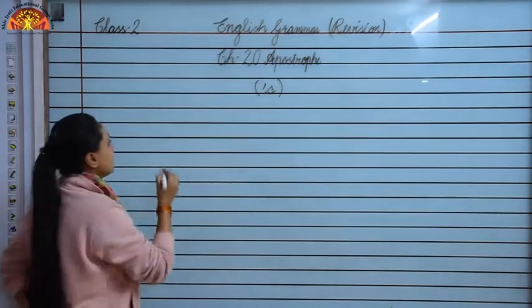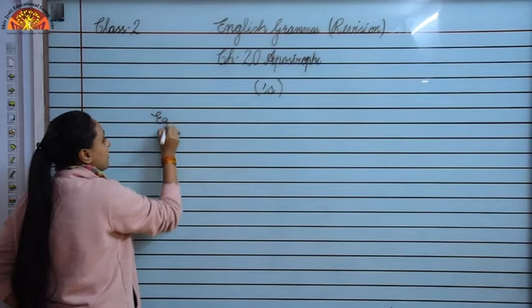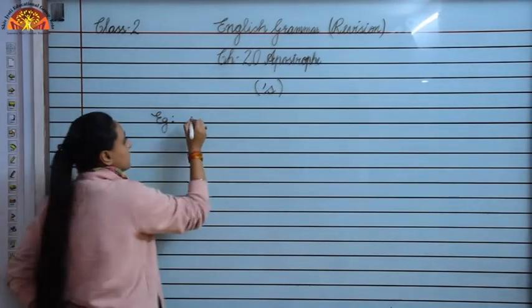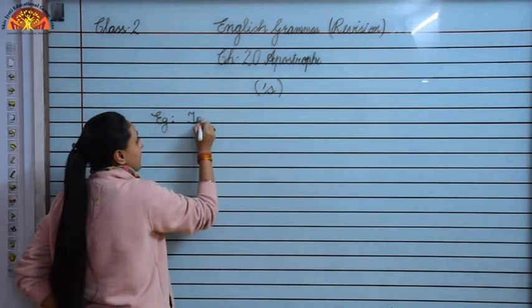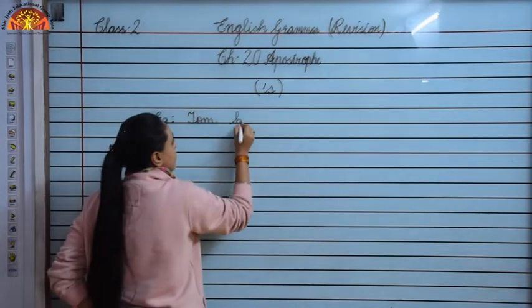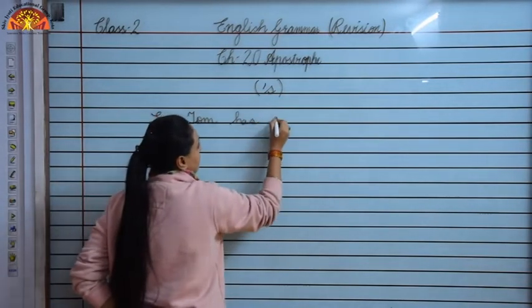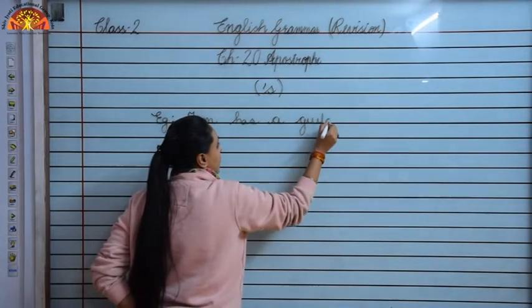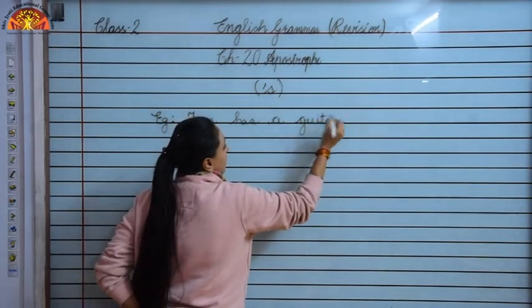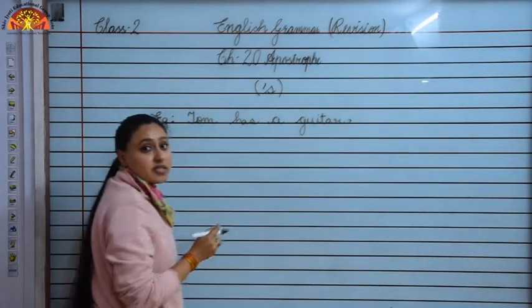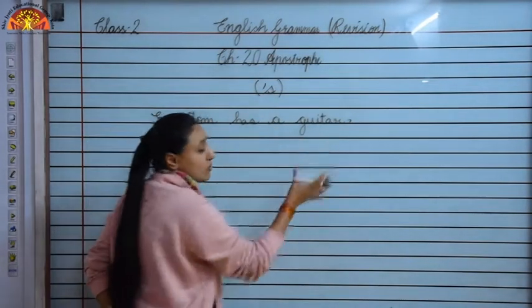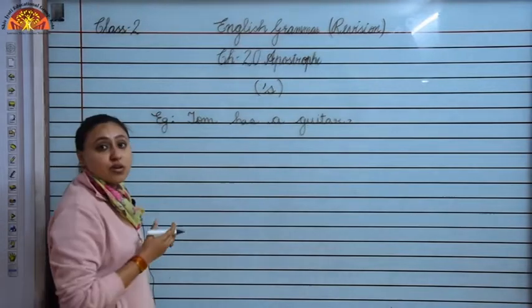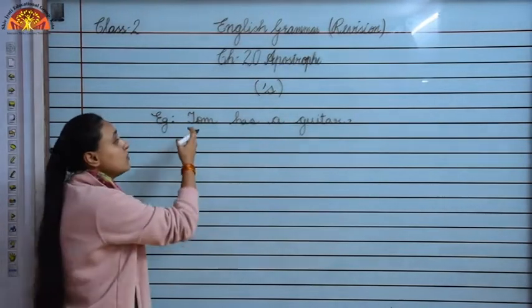Now children, look here, example of apostrophe. Tom has a guitar. Okay. So children, here we are talking about an object. Which object? We are talking about a guitar. So whom does the guitar belong to? The guitar belongs to Tom.